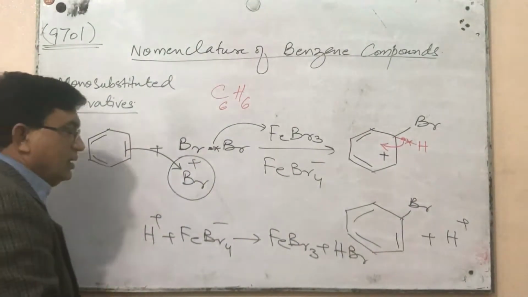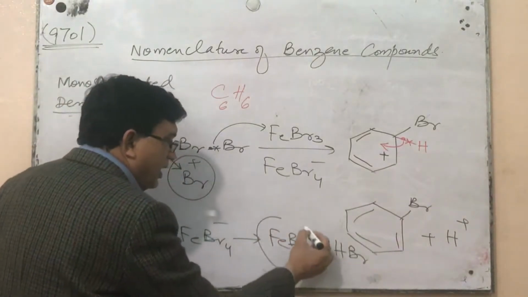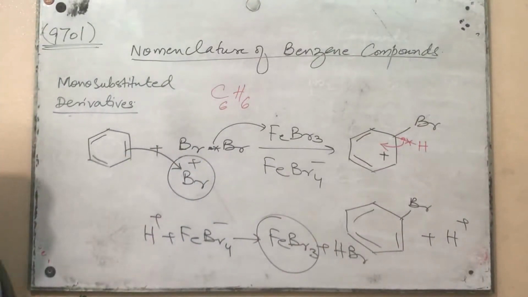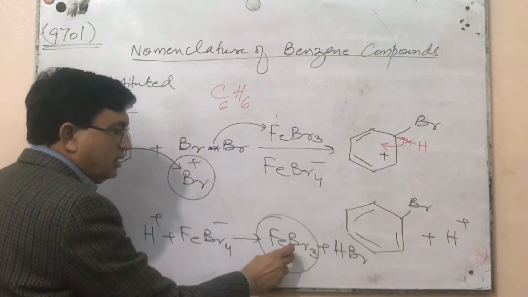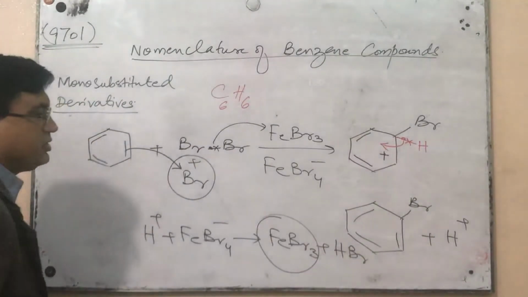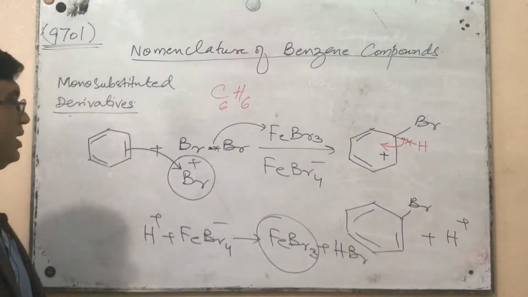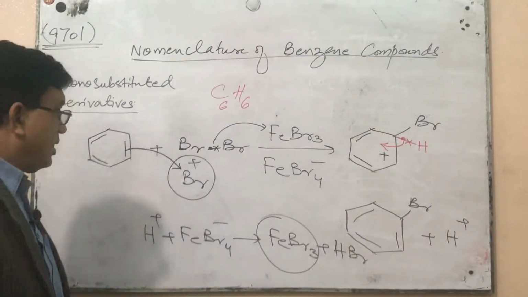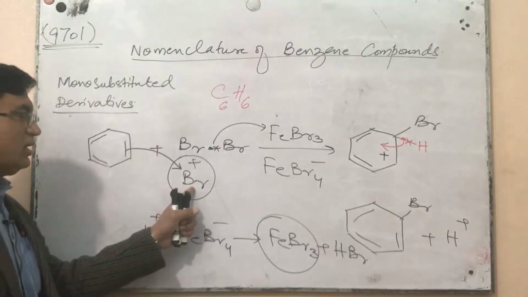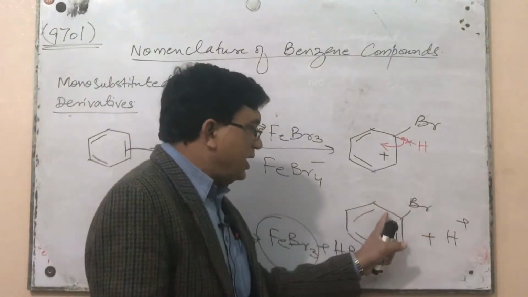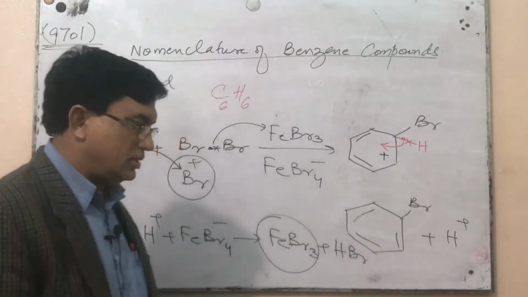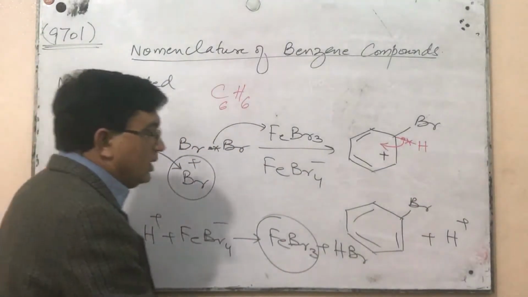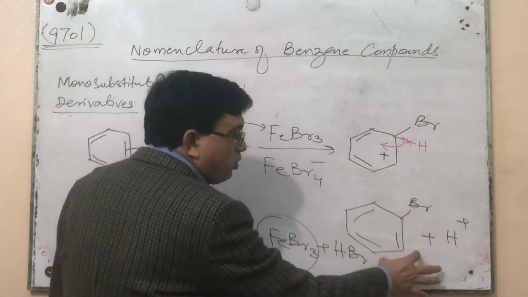It means that FeBr3 is acting as a catalyst because it is regenerated at the end of the reaction, and it has provided a path so that the bromine atom is substituted in the benzene ring in place of hydrogen. So this produces bromobenzene.